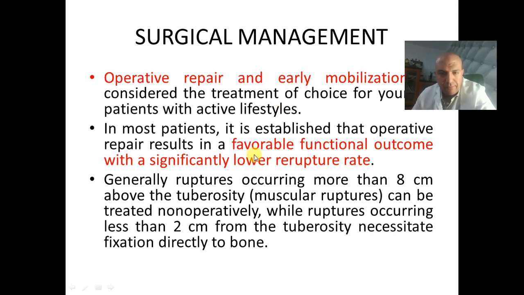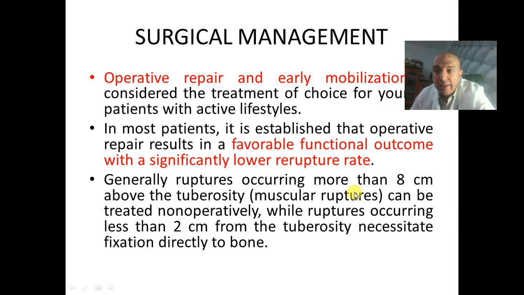Surgical management: as I tell you, the advantages are functional outcome, strength, and a lower rupture rate compared with non-operative management. As I told you, most injuries are 2 to 6 centimeters from the insertion, in the hypovascular area.